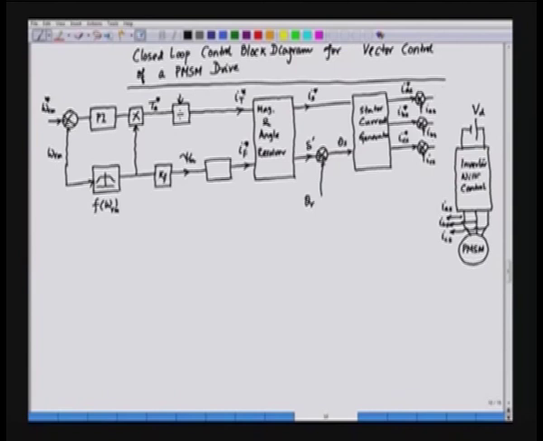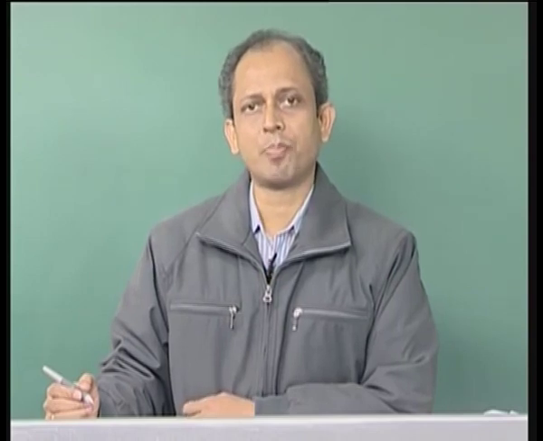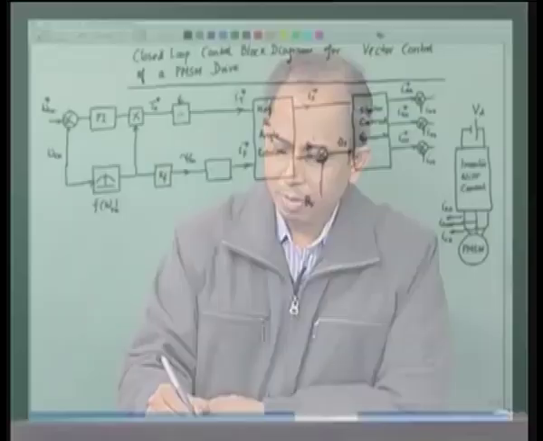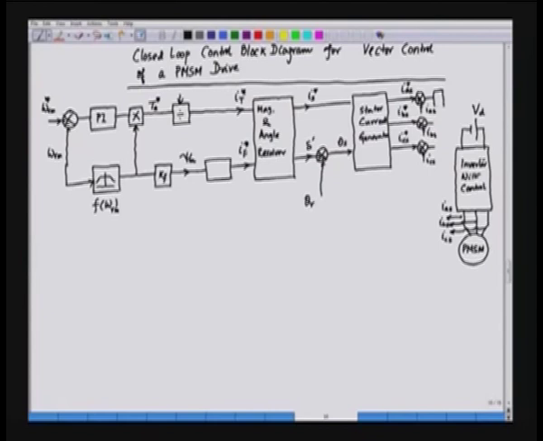and this comparator will be giving us an error, and the error is processed usually through a hysteresis controller for control of the inverter. So, we can have a current control mechanism here, and one of the popular mechanisms of current control is hysteresis current control, in which we have the hysteresis control after this comparator block.